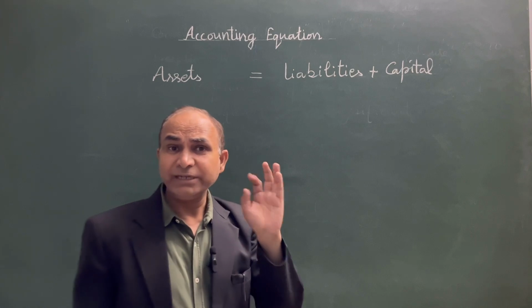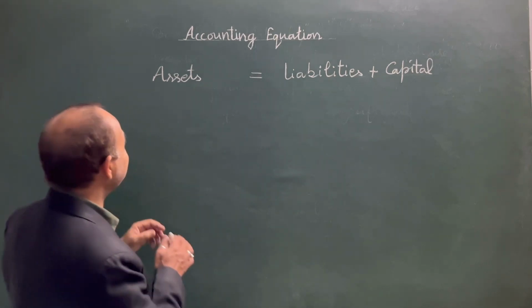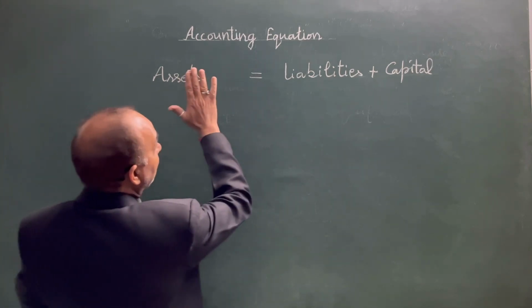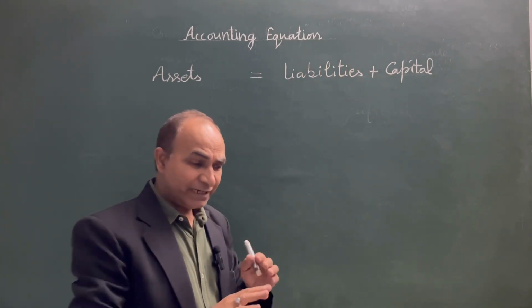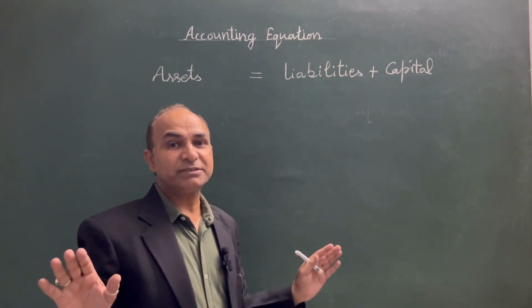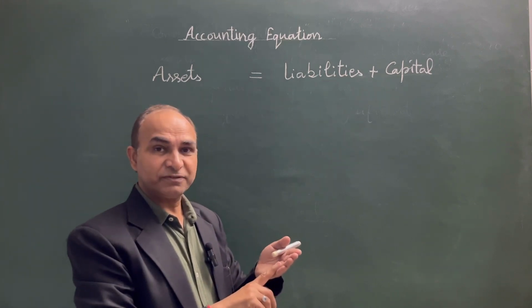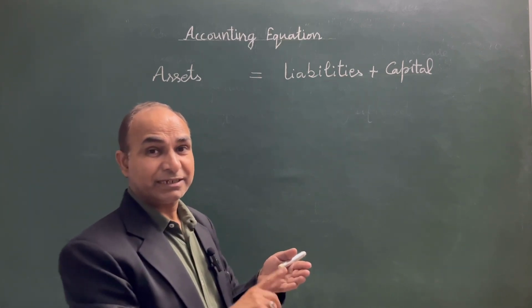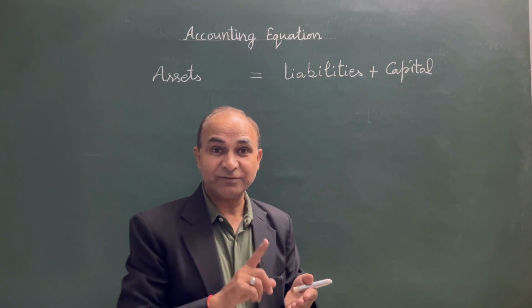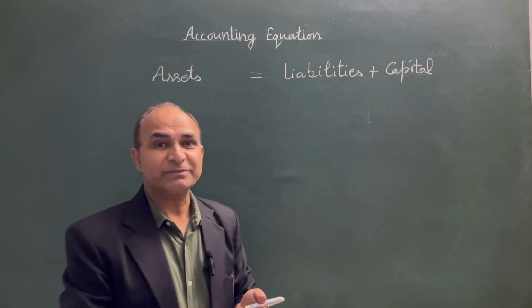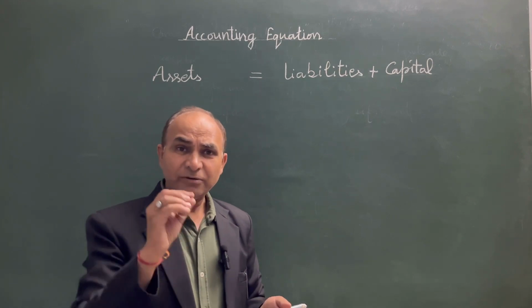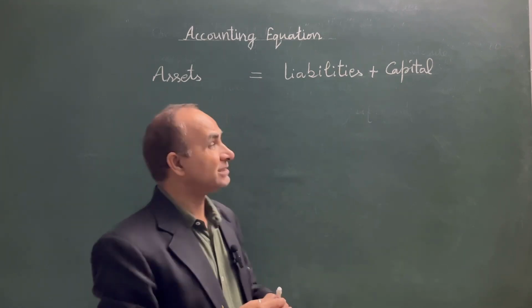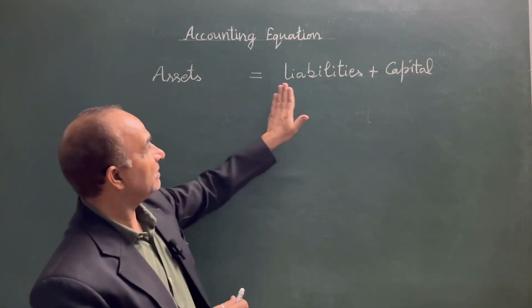Now what is accounting equation? Accounting equation states that assets are always equal to liabilities plus capital whenever any financial transaction takes place, like purchase of goods for cash, purchase of goods on credit, sale of goods for cash, sale of goods on credit, payment of expenses, receipt of any income, that always results into this: assets always equal liabilities plus capital.